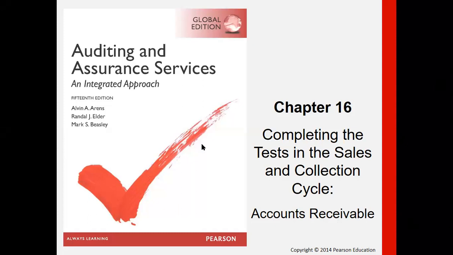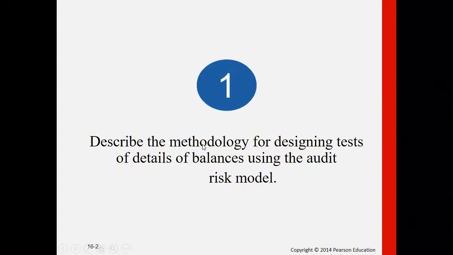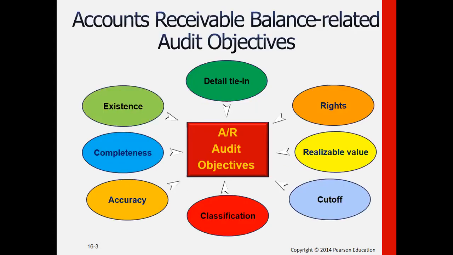In this particular chapter, we have objectives relating to methodologies for designing tests of details of balances using the audit risk model. We have to take note that in substantive tests of transactions, we can do the TDB, wherein we can determine how the ending balances of certain accounts are derived, and accounts receivable is no exception.